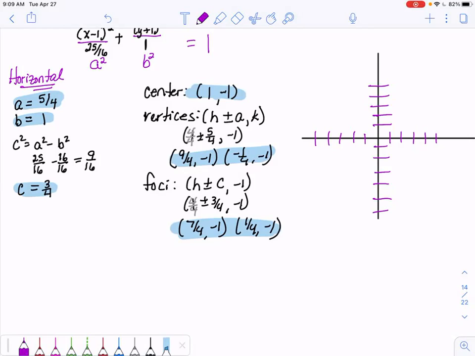Stupid Apple TV. All right, so graph it, make sure you're using the vertices, the foci, the center. I need to find that little thing. Here it is. And then your B value would be the other direction. That would be the vertical direction.